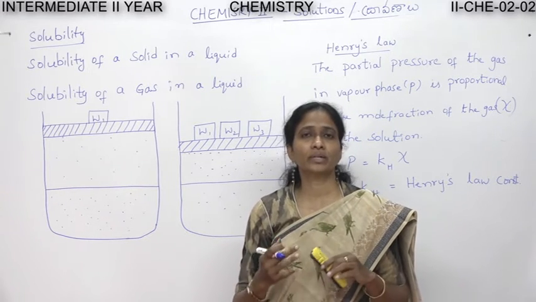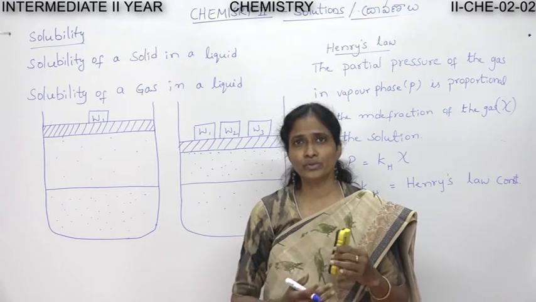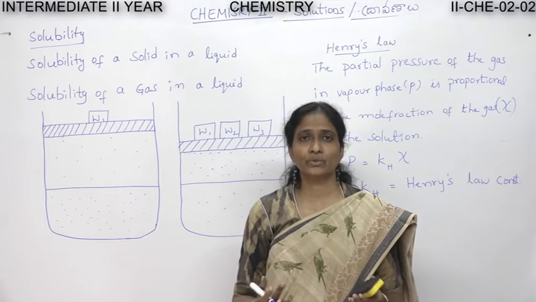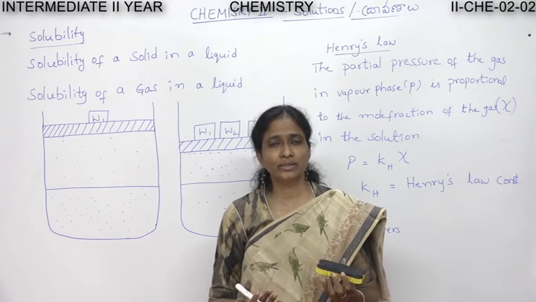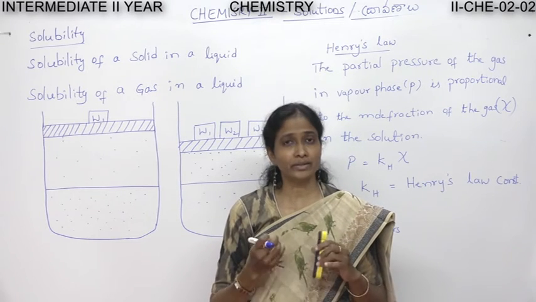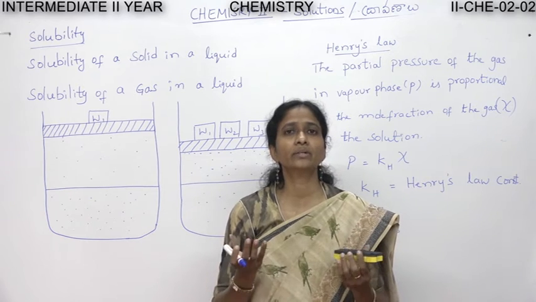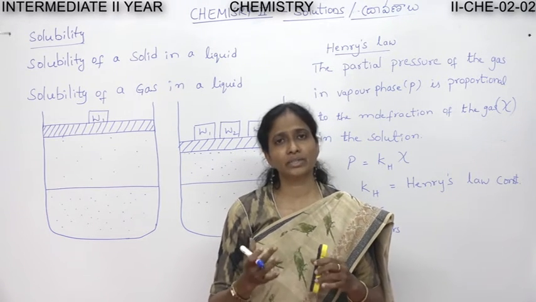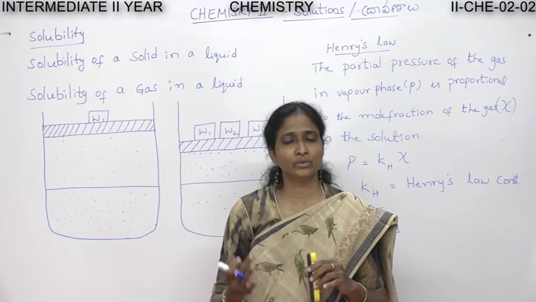Okay, so one more thing. The solution which is able to dissolve more and more sugar crystals, then we can call it as unsaturated. Okay, saturated and unsaturated. So saturated means it is not able to dissolve more solid compound or more sugar crystals, that we can call it as saturated solution.